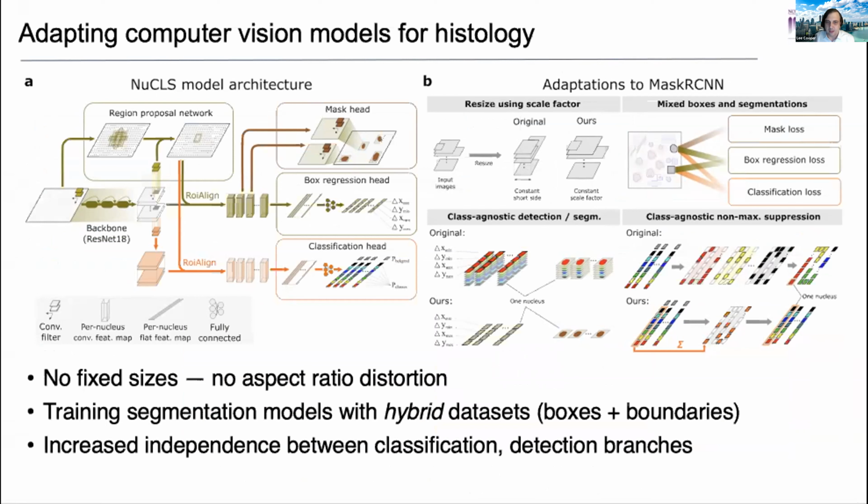One of the things that we looked at is making sure that we can handle variable sizes of images without resizing everything to the same fixed size. This really helps with avoiding distortions of the image content and your aspect ratios, which is a bad thing. Another thing this model allows us to do is to look at training with hybrid data sets, so a combination of bounding boxes and boundaries.